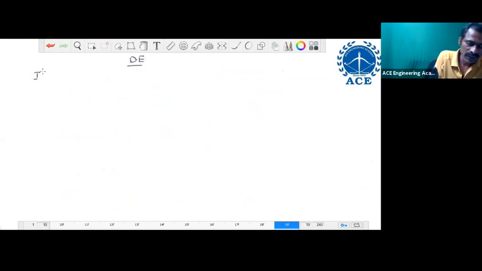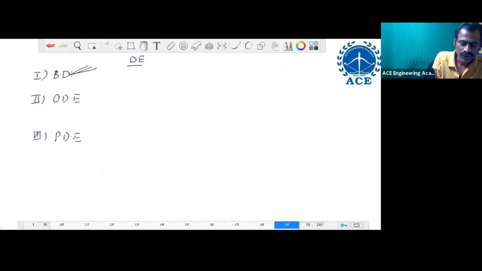In differential equations, we have 3 parts. One is basic definitions, second is ordinary differential equations, third is partial differential equations. In basic definitions, we have seen 8 definitions.